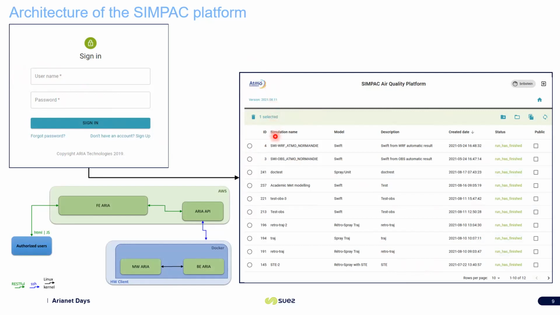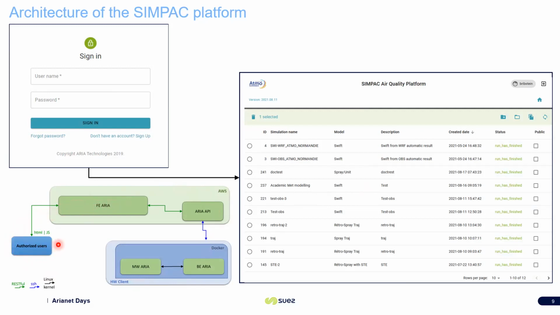And the dashboard is organized by project, each project corresponding to a meteorological modeling or dispersion modeling carried out. The very simple sketch here is a schematic of the general architecture of the platform.